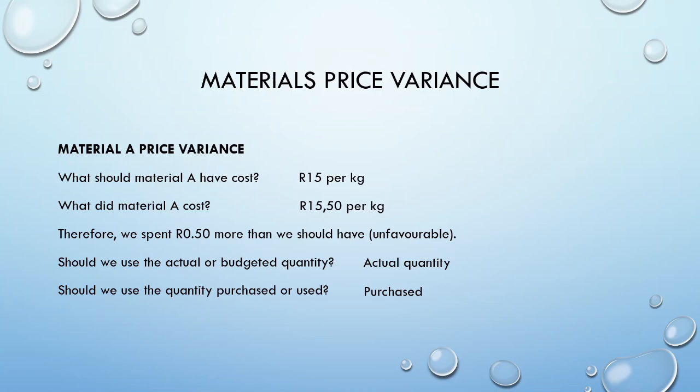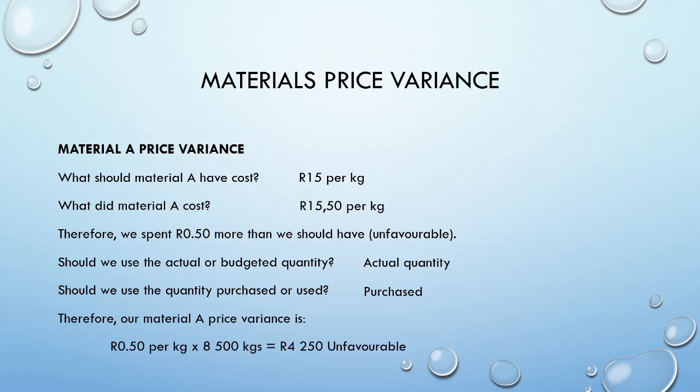This is also because in a standard costing system, raw materials should be recorded at the standard price. In this example, they do not distinguish between the quantity purchased or used, so we can assume they are the same. So our total material A price variance is 50 cents multiplied by the actual quantity of 8,500 kgs to give us an unfavorable variance of 4,250 Rand.